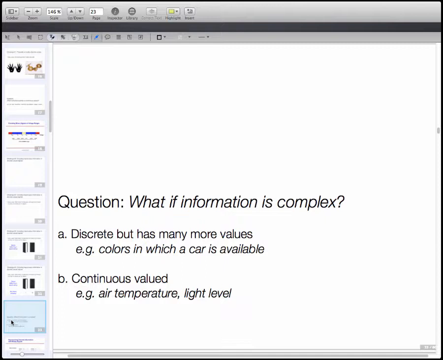So let's take the example of car colors, 15 colors. My computer can deal with bits. How would you represent it? Go ahead. Use more bits. Okay, so how many bits will you use? 4. Can anyone explain why 4?